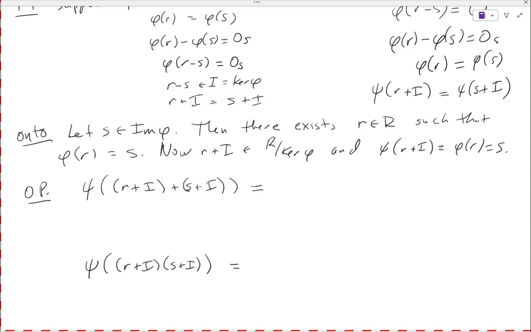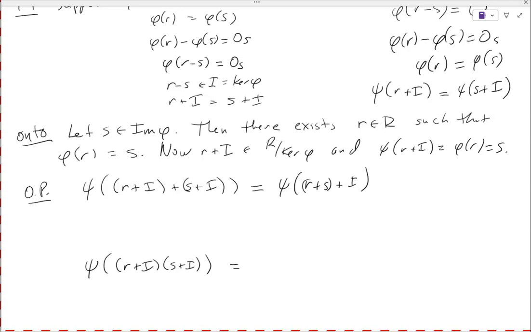But how do we add two cosets together? What do we really do? Yep, exactly. We add the coset representatives, right? So R plus I plus S plus I is R plus S plus I.